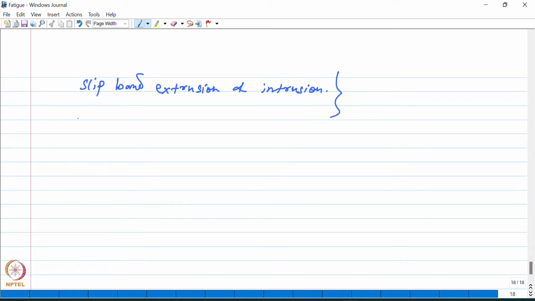So let us talk about how the extrusions and intrusions form during fatigue deformation.